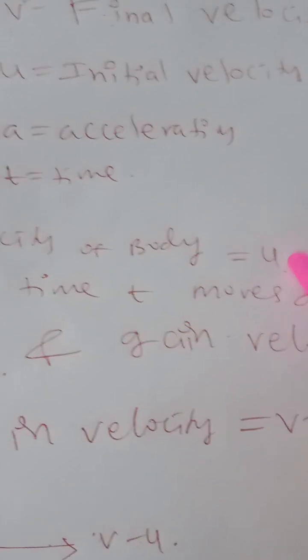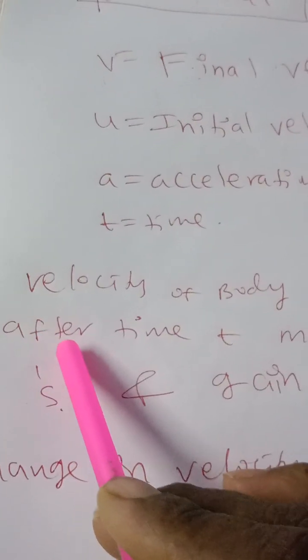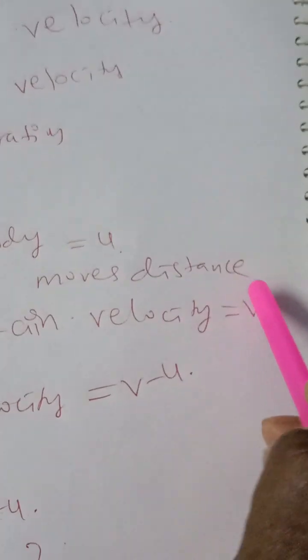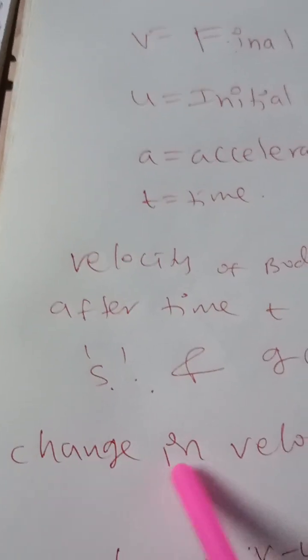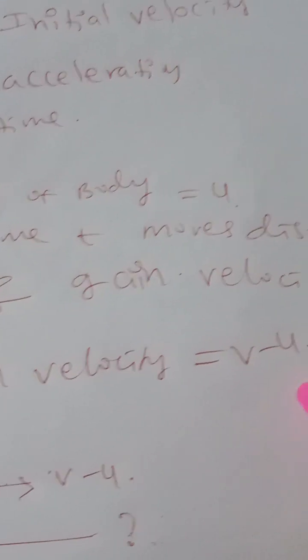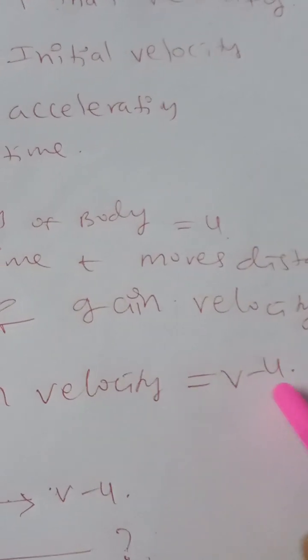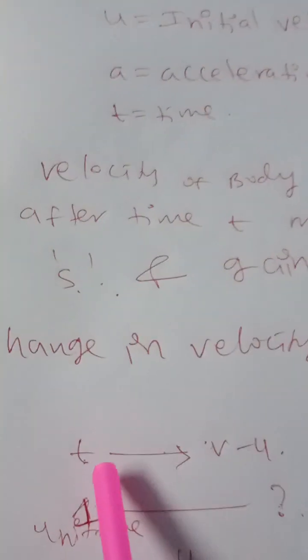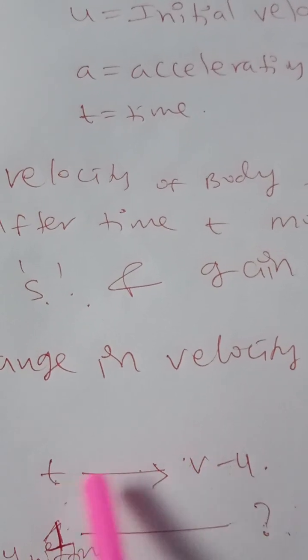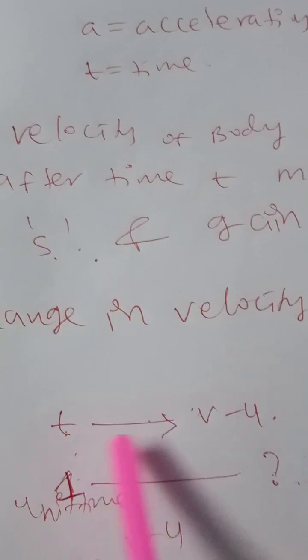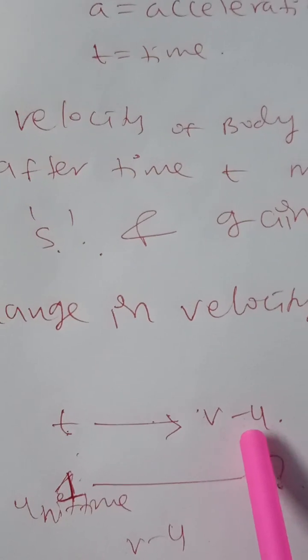Here the initial velocity of an object is u. After time t it moves a distance s, gaining the final velocity v. Then the change in the velocity is nothing but final velocity minus initial velocity. For time t the change in the velocity is v minus u.